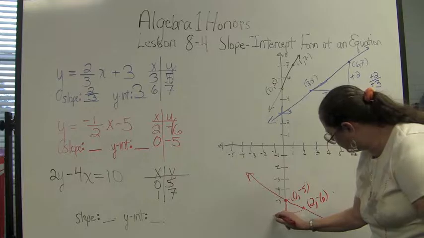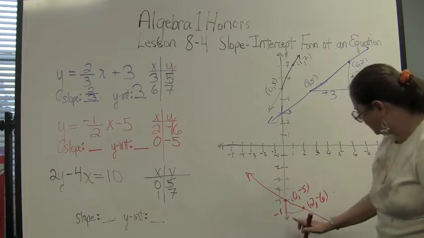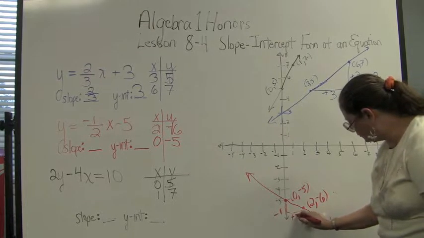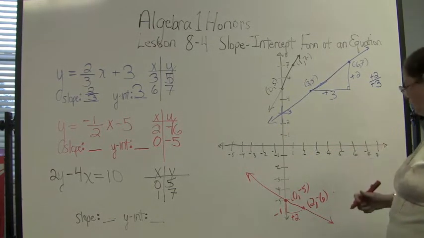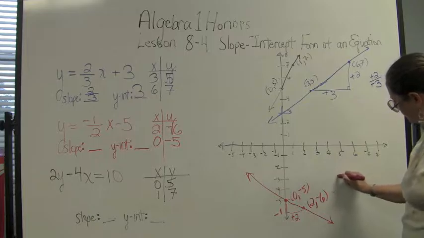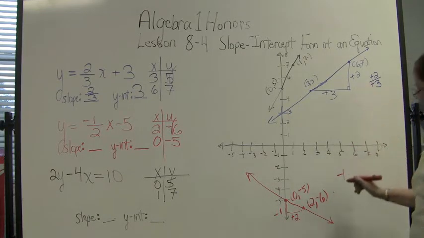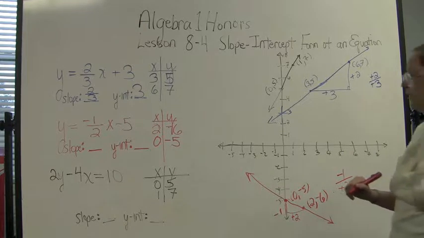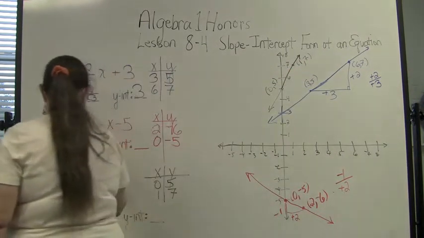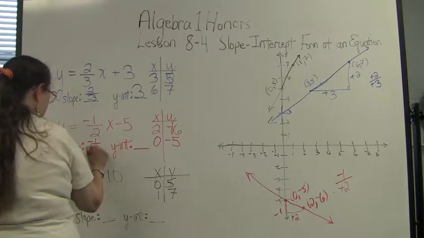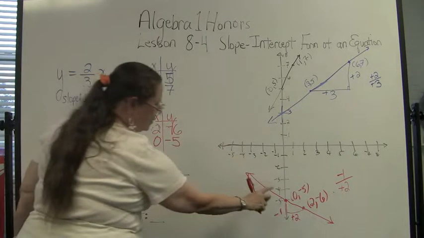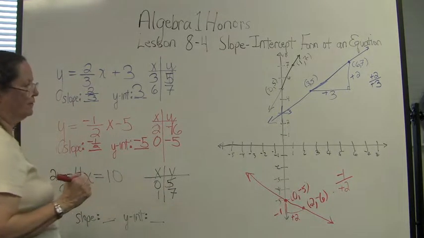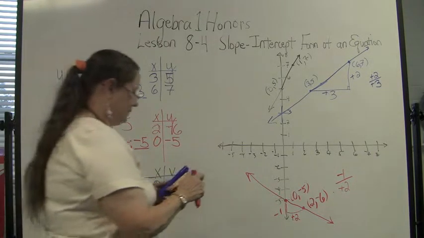So our vertical change is a -1, and we're going from 0 over to 2. So that's a positive 2. We're going in the right direction. So our slope here is -1, because it's the vertical, over the horizontal, positive 2. Our slope is -1/2. And our y-intercept, that line crosses at -5.